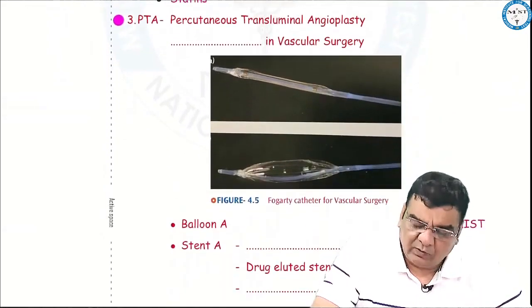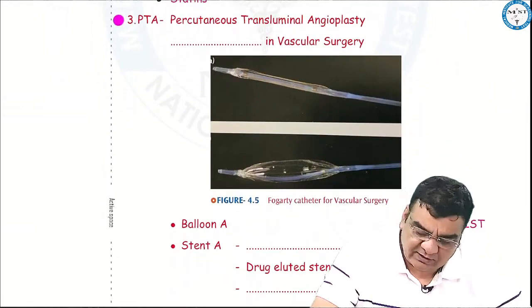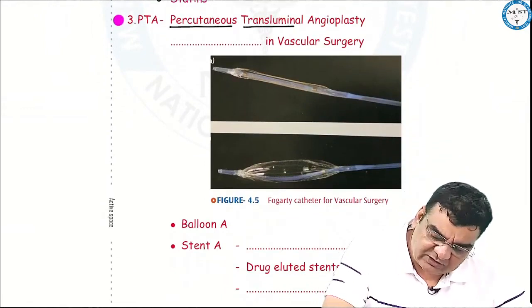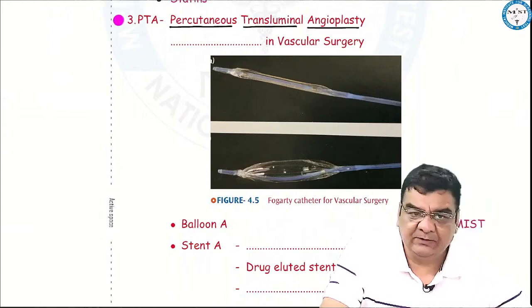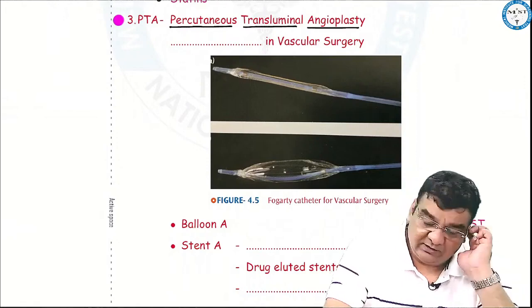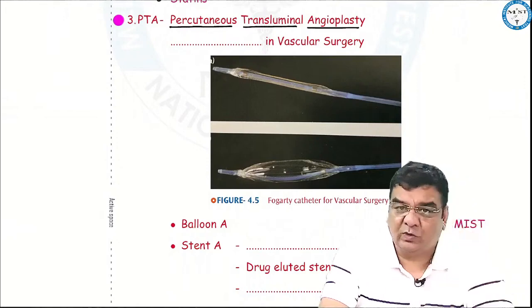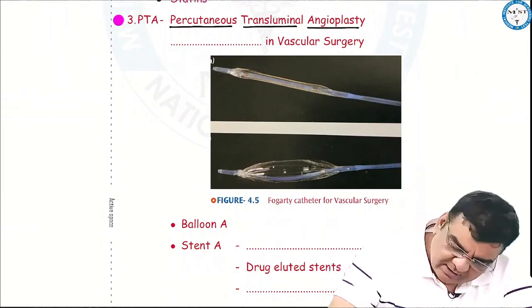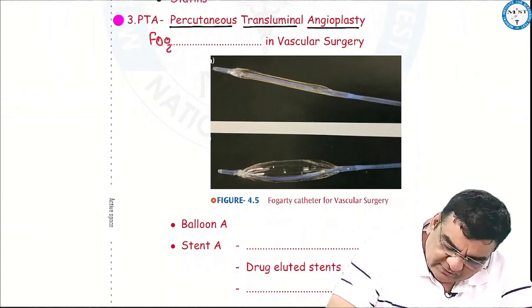We can do angioplasty, which we call PTA, percutaneous transluminal angioplasty. The catheter which is used in vascular surgery, the name of this catheter has been asked twice in the last 4 years: Fogarty catheter.